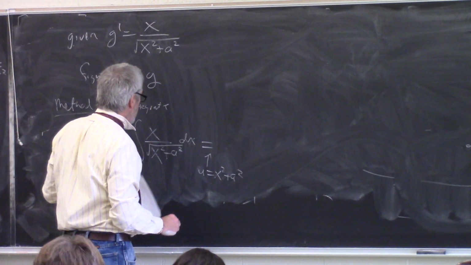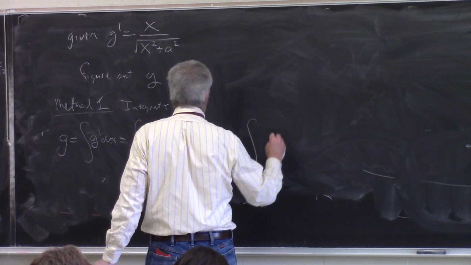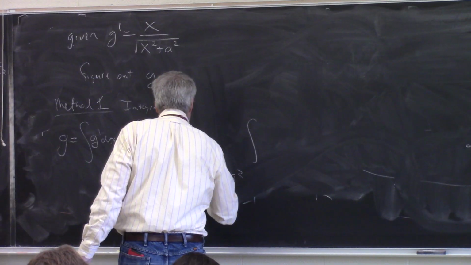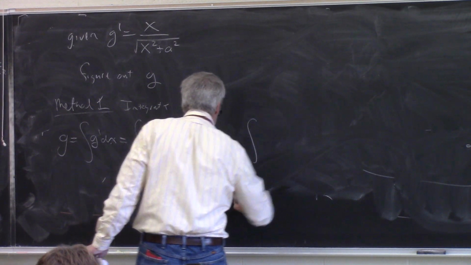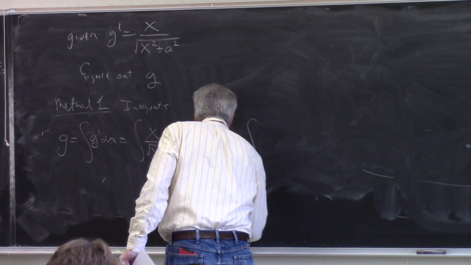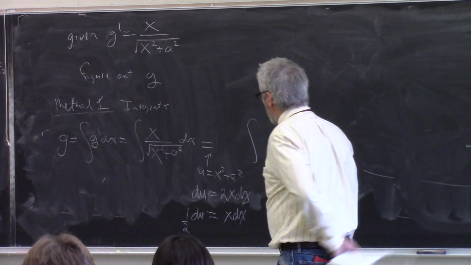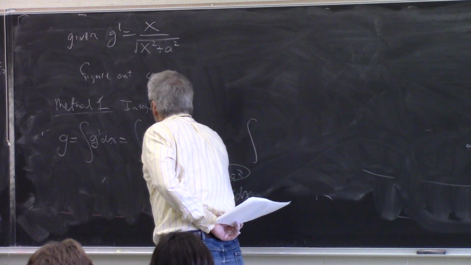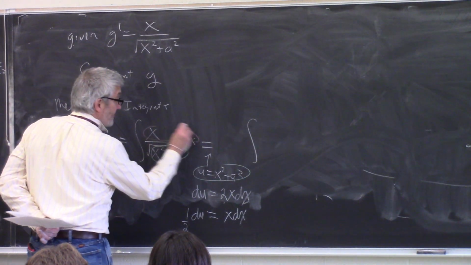And so that means you're going to end up with this. You've got a new version of the x squared plus a squared. That thing is u. And you've got a new version in one fell swoop of the x dx.